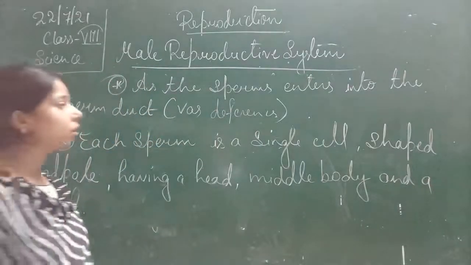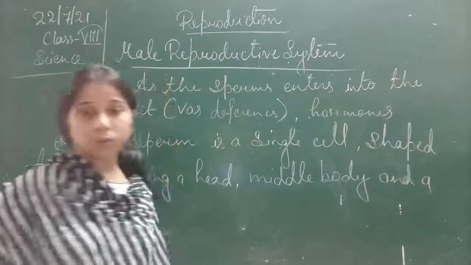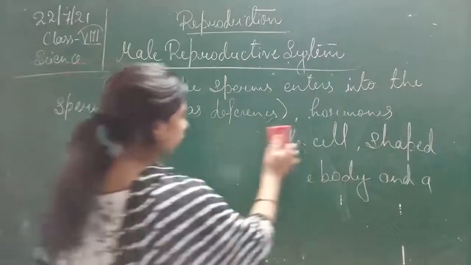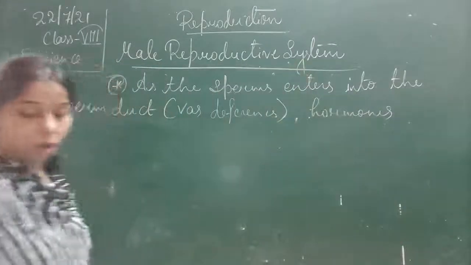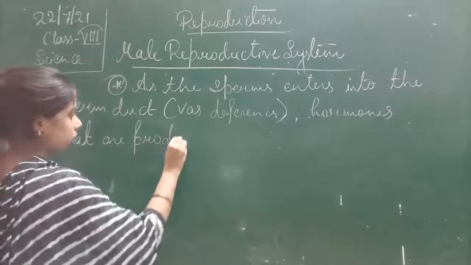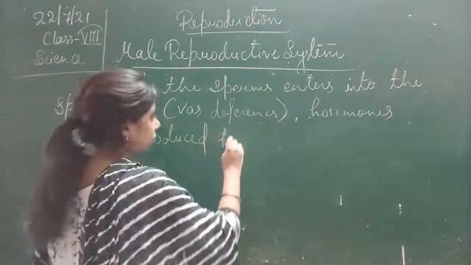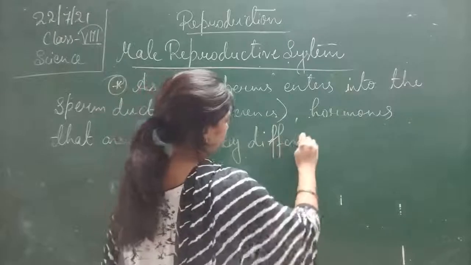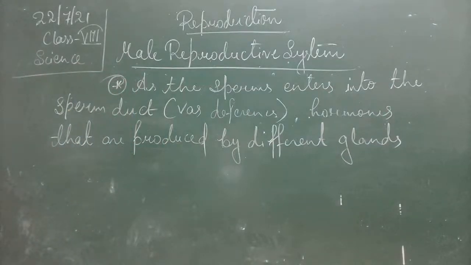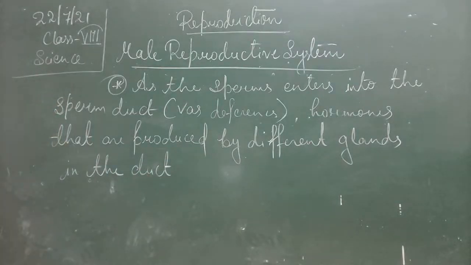Vas deferens. Hormones that are produced by different glands in the duct provide the nutrition.